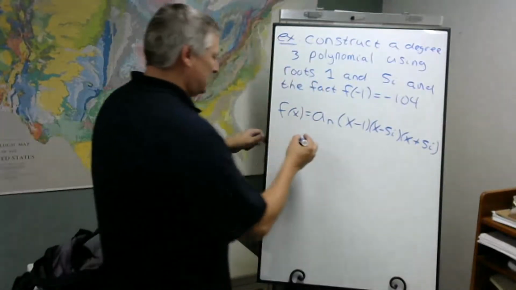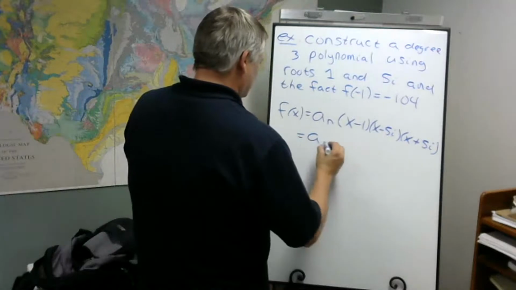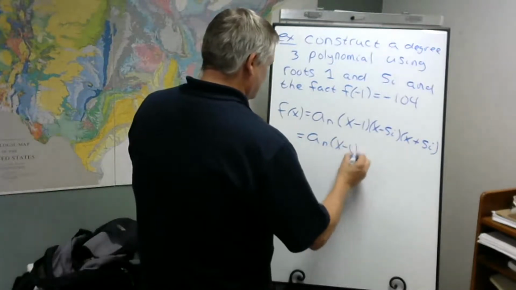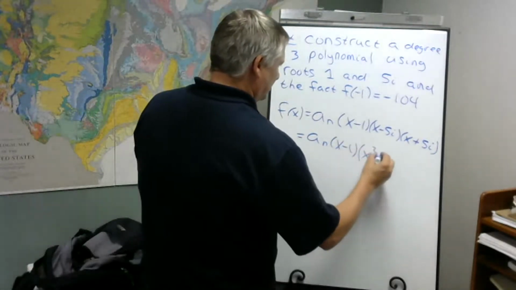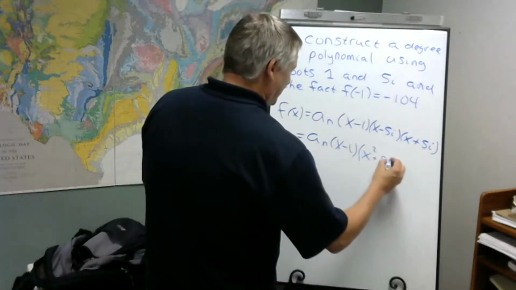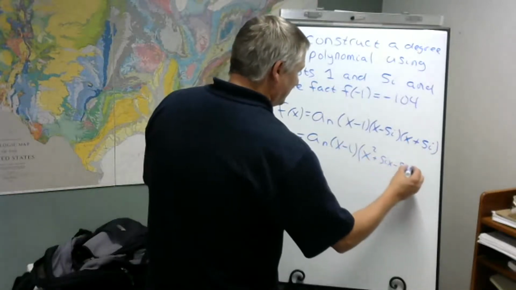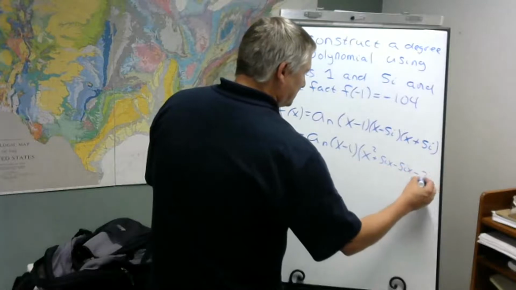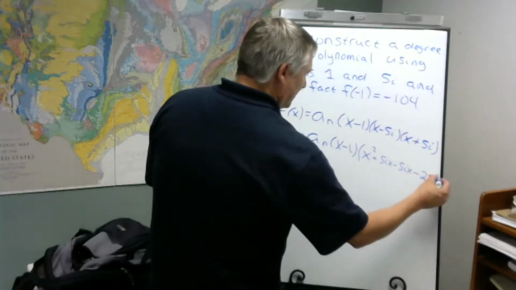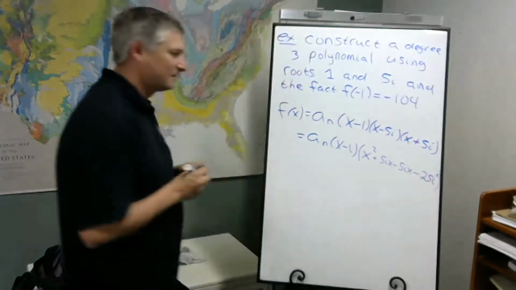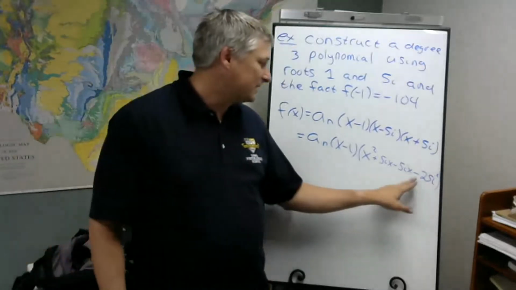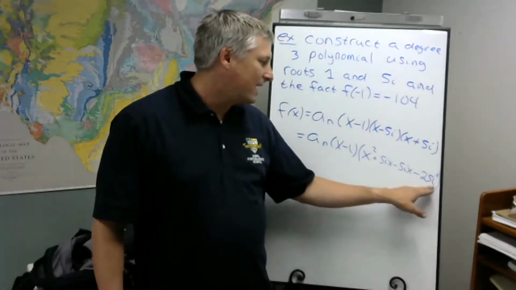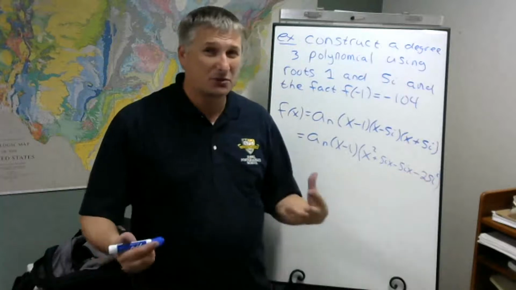So we can combine these. x squared plus 5ix minus 5ix minus 25i squared. I know it might be hard to see, but that's a minus 25i, and that's a square, so it's i squared.